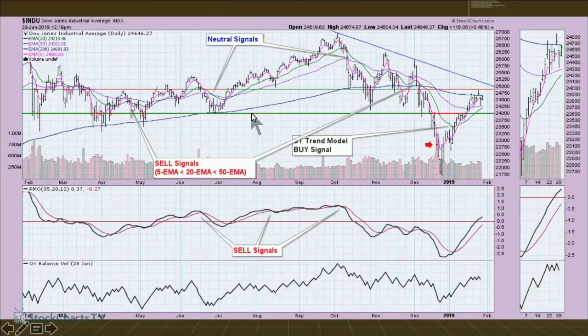So the long-term trend model, you're only going to get a buy or a sell. Now, unfortunately, when you go to the short-term and the intermediate-term trend models, you have to add in the neutral signals. And the neutral signals are simply, how I talk about with Decision Point, if a stock has the 50-day EMA above its 200-day, that it's in a bull market configuration.